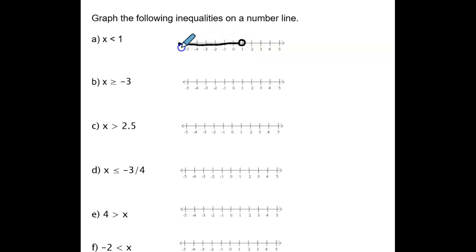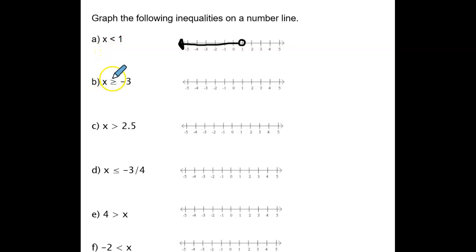Because if you plug in numbers like 0, 0 is less than 1, so you have to color in the 0. Negative 2 is less than 1. How about positive a half? Oh yeah, positive a half is less than 1. 1 is not colored in because that would fail. 1 is not less than 1. So it's an open circle to the left.